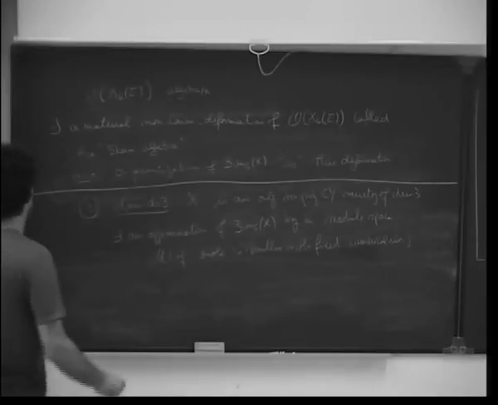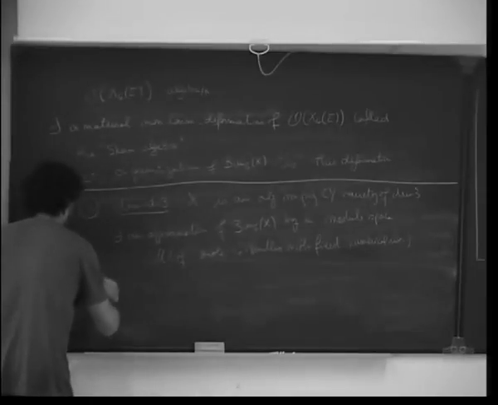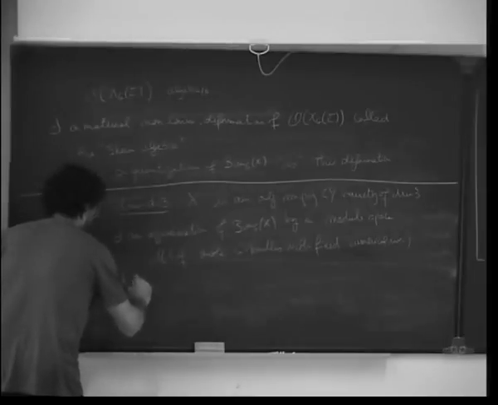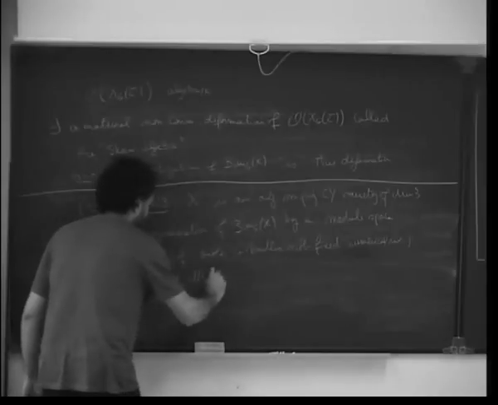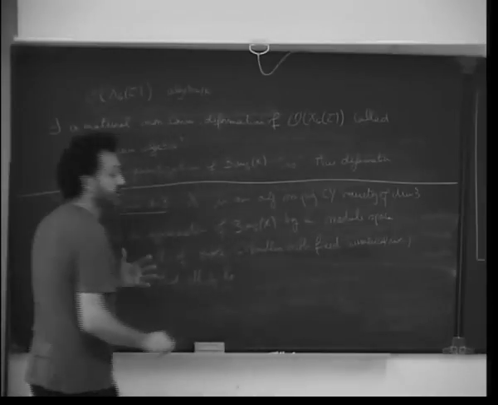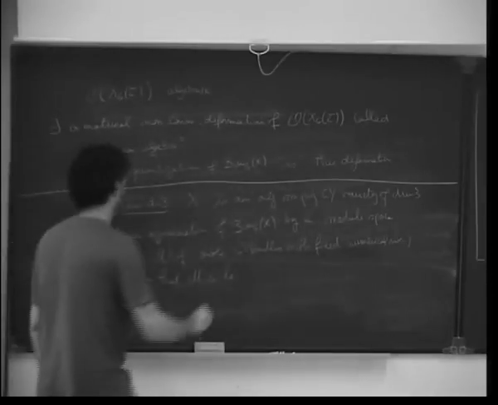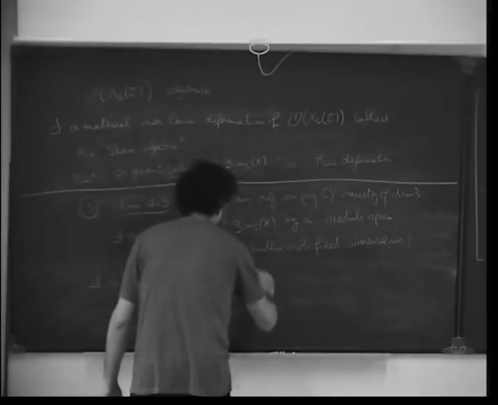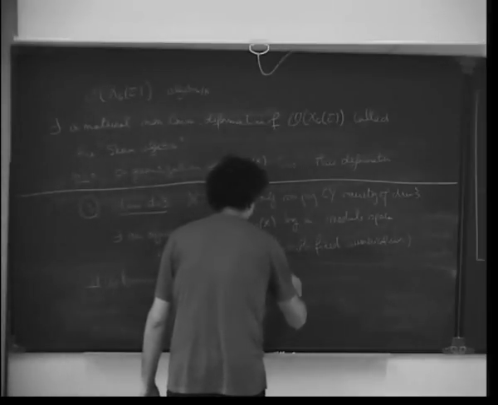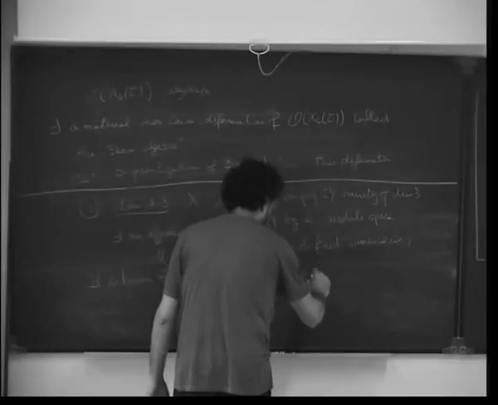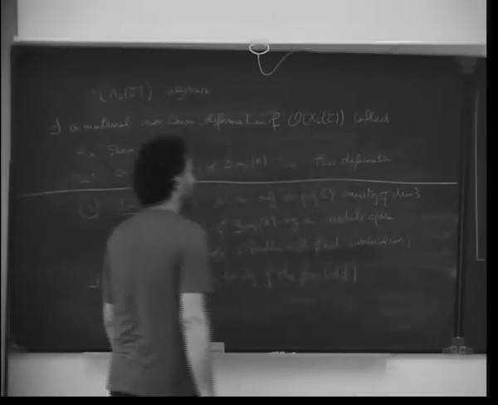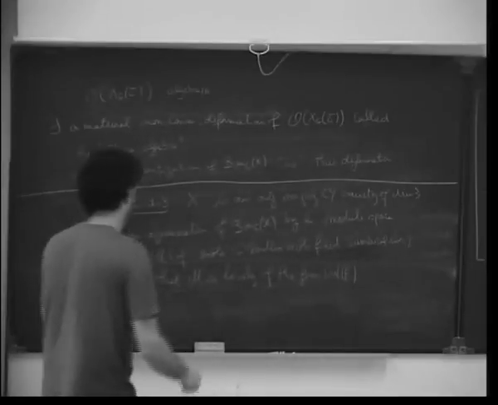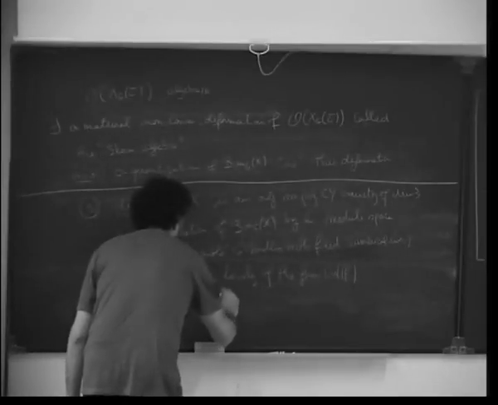Now, it's known that M has a very particular local structure. So it's locally of the form critical locus of a potential. So here, f is a function.